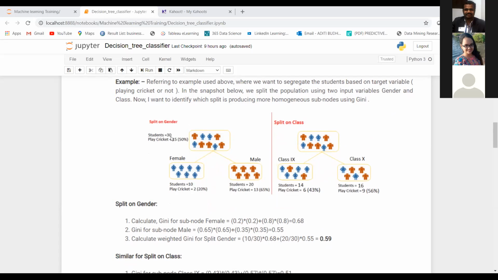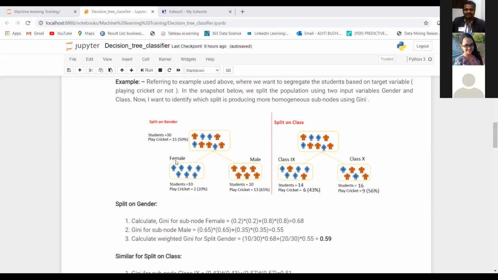Now let's say we split this data based on gender, so you have the female class and the male class. Out of these 30 people, 10 students are female and 20 students are male.